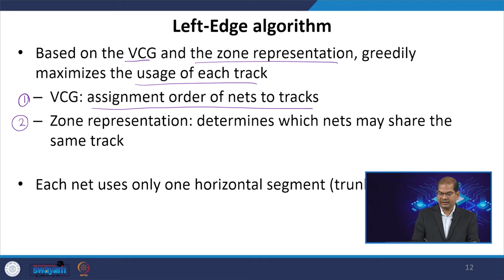Here, if there is a conflict, then the same track will not be assigned. If there is no conflict, then the nets can share the track. So, if no conflict, then share the track.